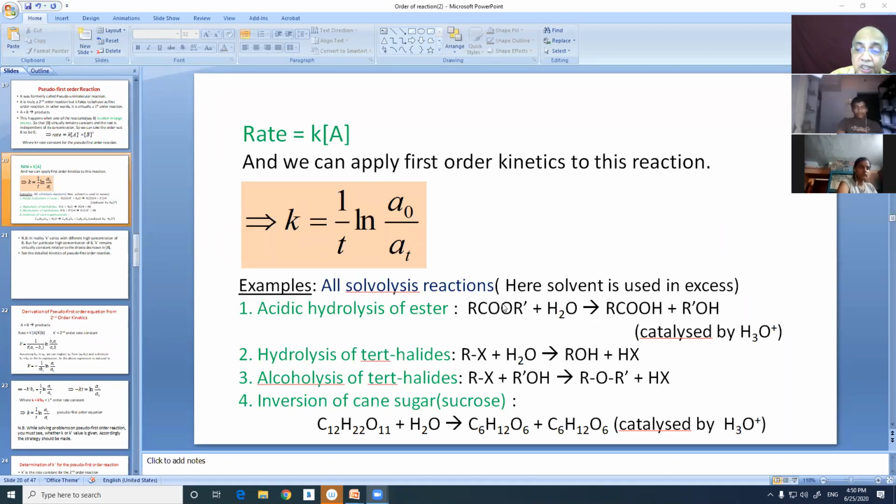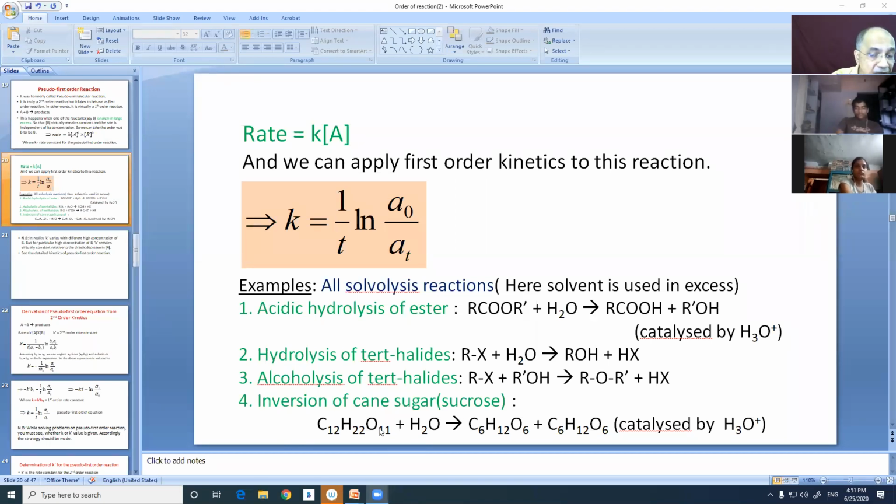And the examples are all solvolysis reactions. Here solvent is used in excess. It acts as a solvent as well as a nucleophile. For example, acidic hydrolysis of ester to give you alcohol and carboxylic acid. For example, hydrolysis of tertiary halides, 3-degree halides, by an SN1 mechanism to give you alcohol. Alcoholysis of tertiary halides to give you ether. Inversion of cane sugar.